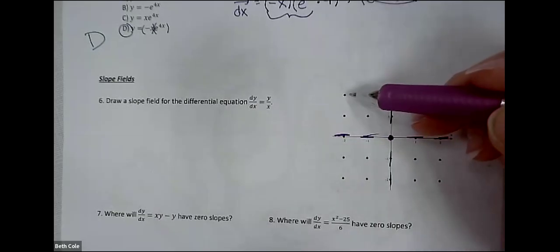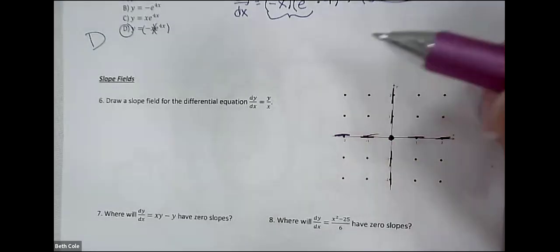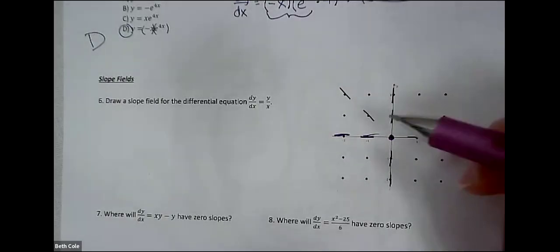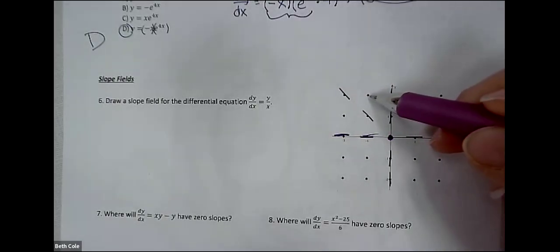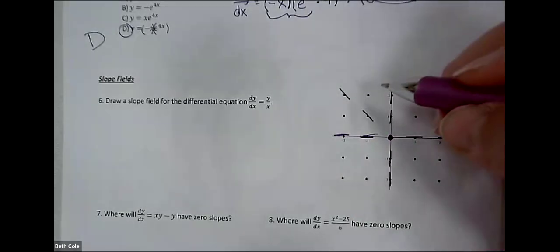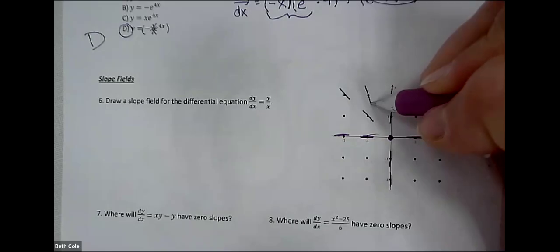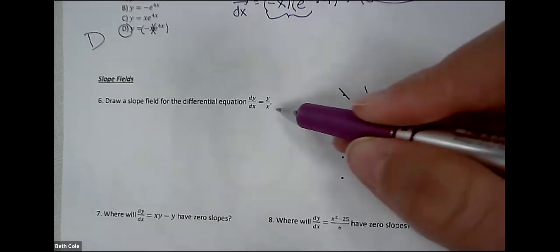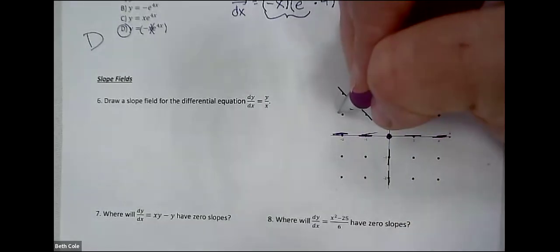I'm just going to start up here so we go left to right. So this is the point negative 2, 2. If you plug those in, you're going to get negative 1. Actually, same thing here. This is the point negative 1, 2. If we plug in negative 1 for x and 2 for y, we're going to get negative 2. So it should be more steeply negative. If we plug in negative 2 for x and 1 for y, we're going to get negative 1/2.